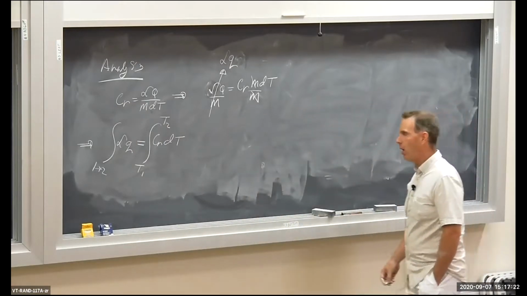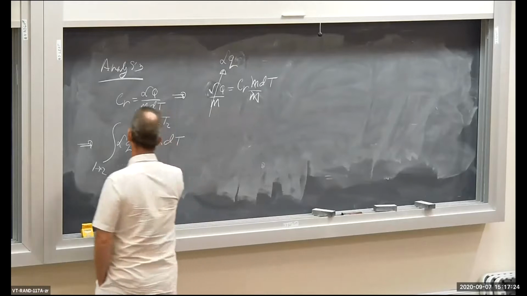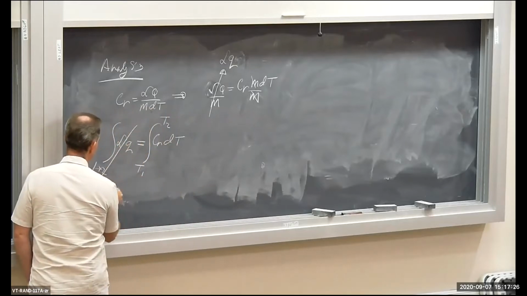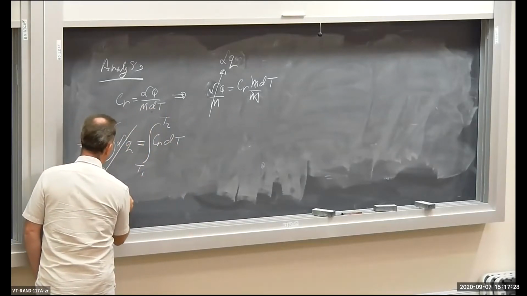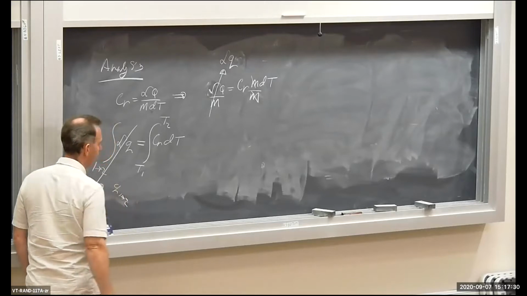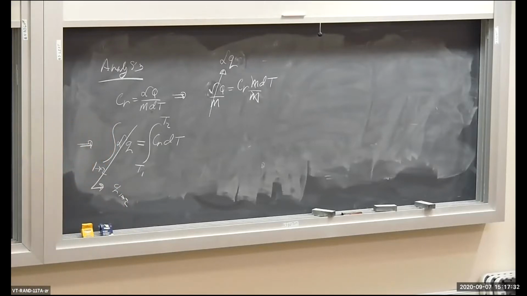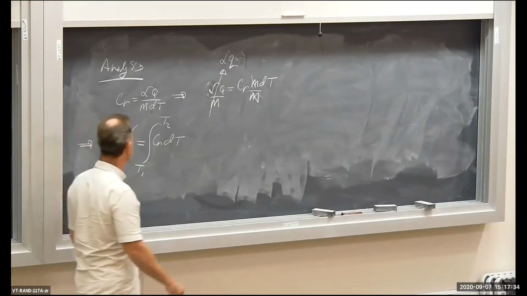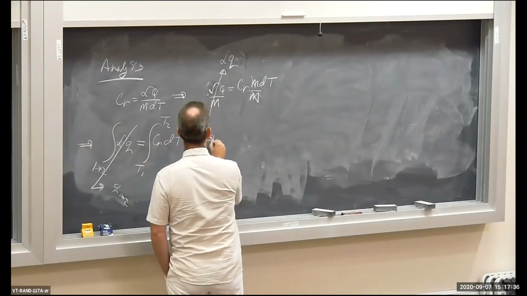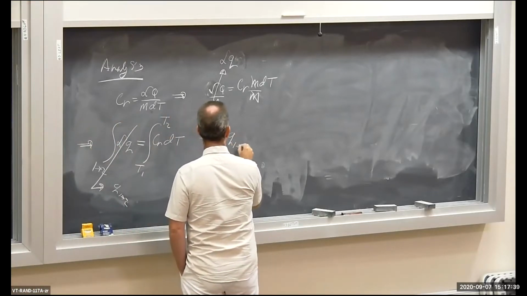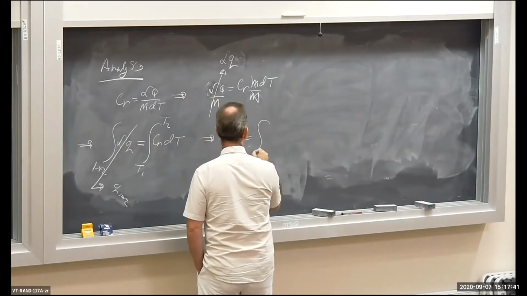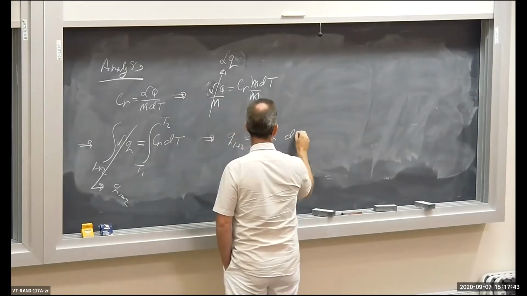The quantity on the left is going to be the overall heat transfer per unit mass, q1 to 2. So I end up with q1 to 2 is equal to the integral of Cv dT.